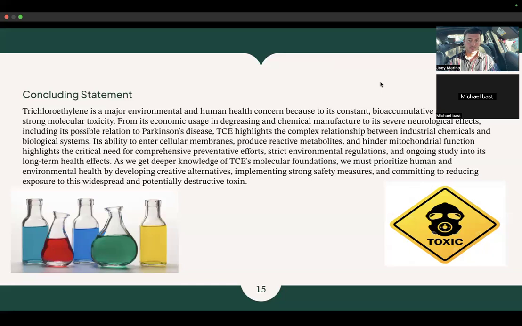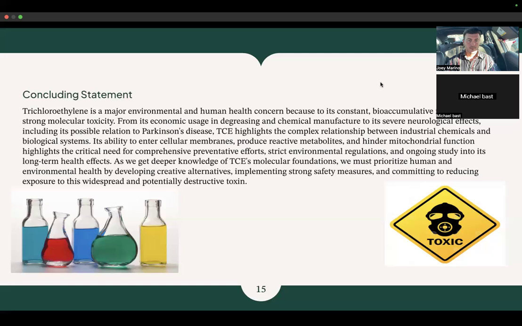TCE highlights the complex relationship between industrial chemicals and biological systems. Its ability to enter cellular membranes, produce reactive metabolites, and hinder mitochondrial function are all ways that it highlights the critical need for comprehensive prevention efforts, strict environmental regulations, and ongoing studies into its long-term health effects.